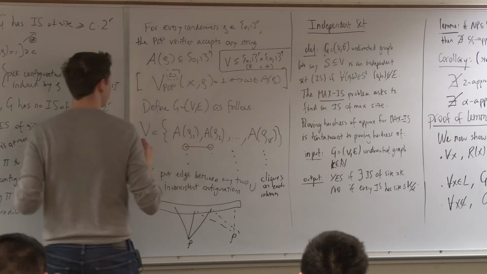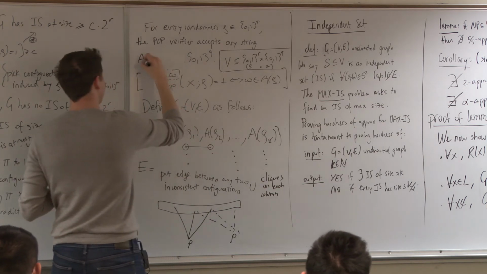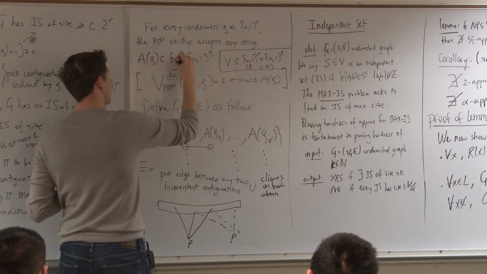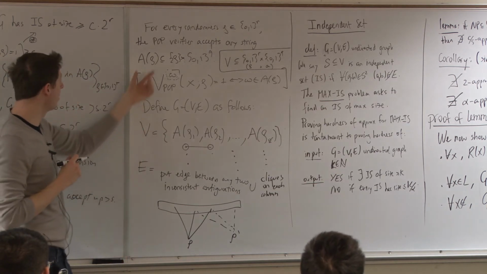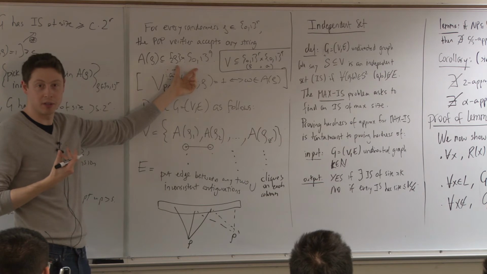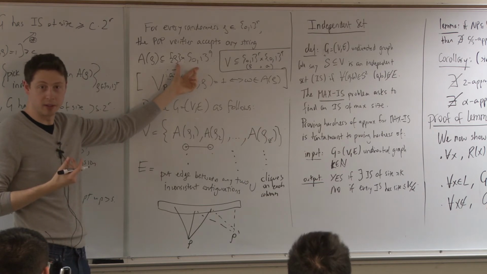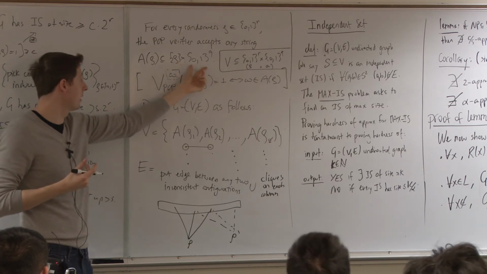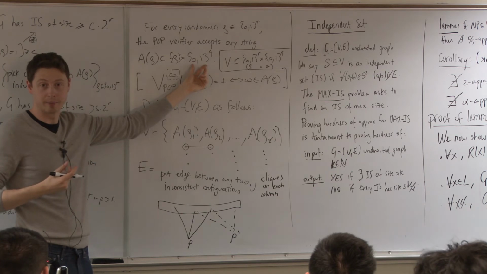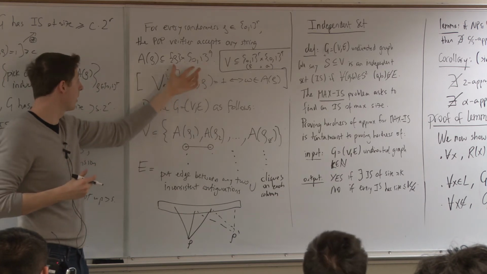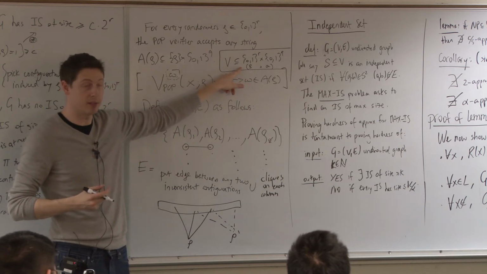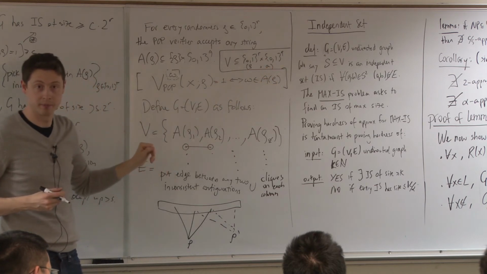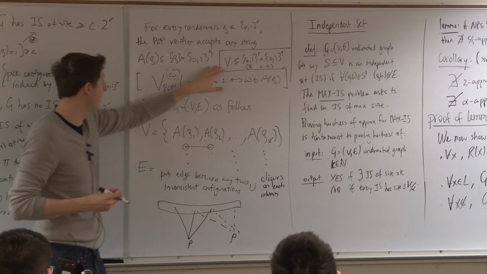So let me put it like this: A of rho are all vertices whose first coordinate is rho and whose second coordinate is in {0,1}^Q, and I'm only looking at the ones inside here that are accepting. This way, when I put them all together, I'm getting vertices where the first part of the name tells you the randomness, and the second part of the name is the accepting configuration. So this would be at least syntactically consistent.